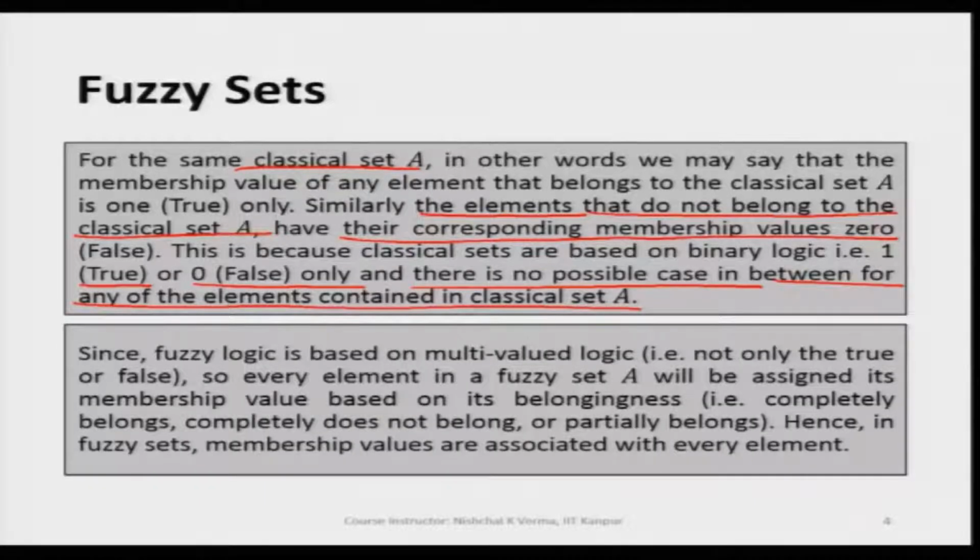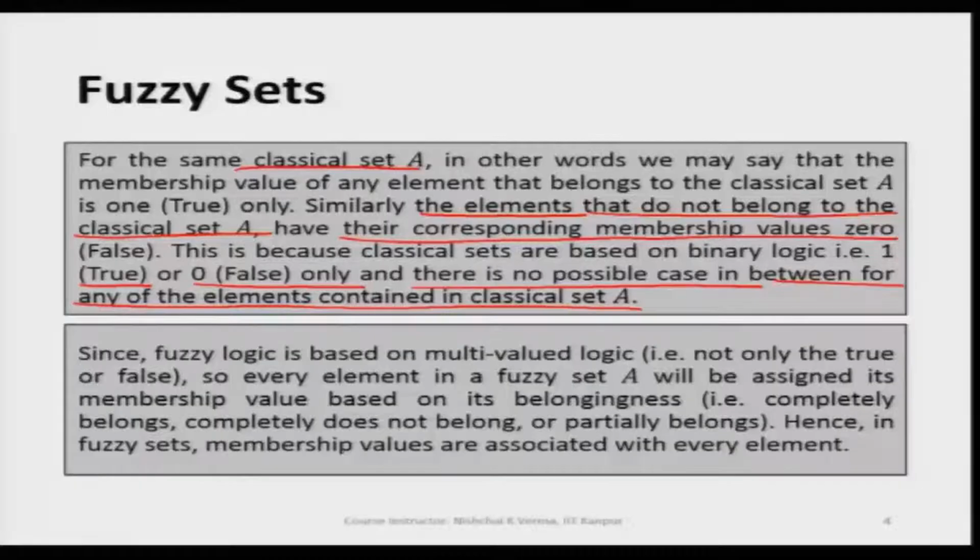What this means is that any element may be present with a membership value more than 0 and less than 1. The elements with this value may be present, but not completely present. Any element which is present with 100% membership value is completely present.